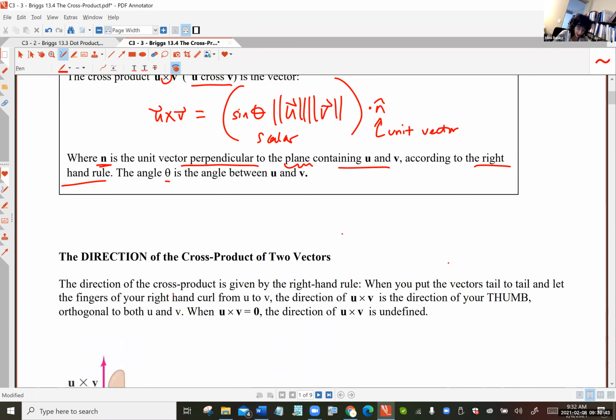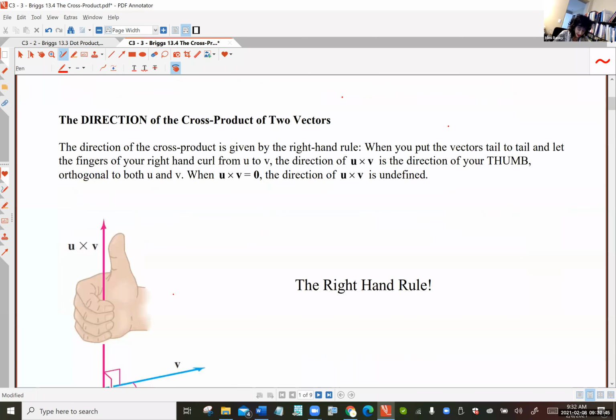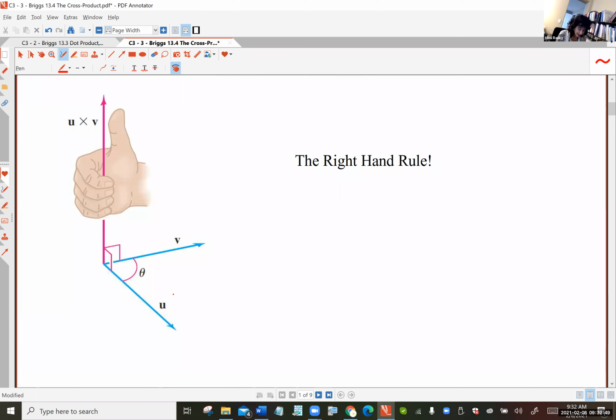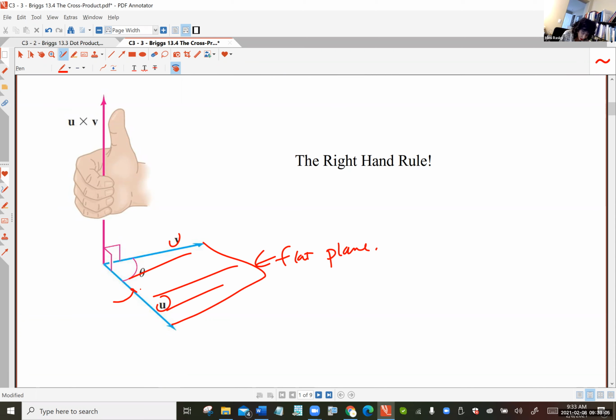So now let's look at a diagram. And yes, you have to know the right-hand rule. Here's u and here's v, and you can think of this flat plane as being the plane that the two original vectors are located in. And if you start to curl your right hand, can you guys see me up here?